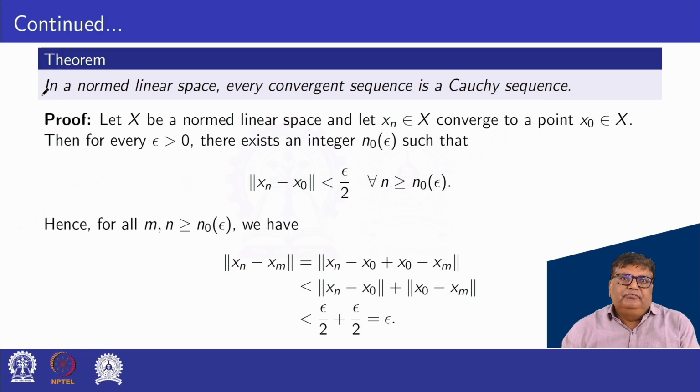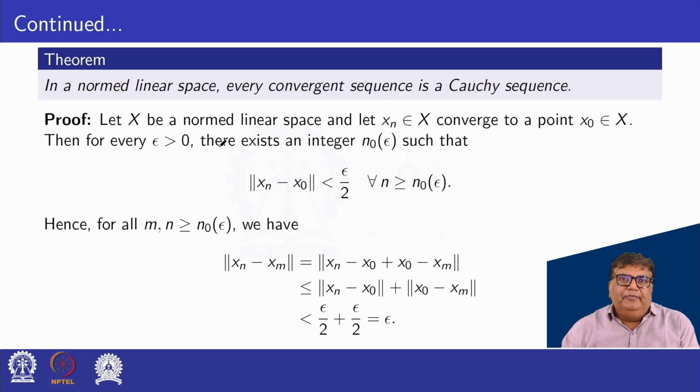Theorem. In a normed linear space, every convergent sequence is a Cauchy sequence. But the converse is not true in general. Let us prove. Let X be a normed linear space and let xn, an element of X, converge to the point x0.